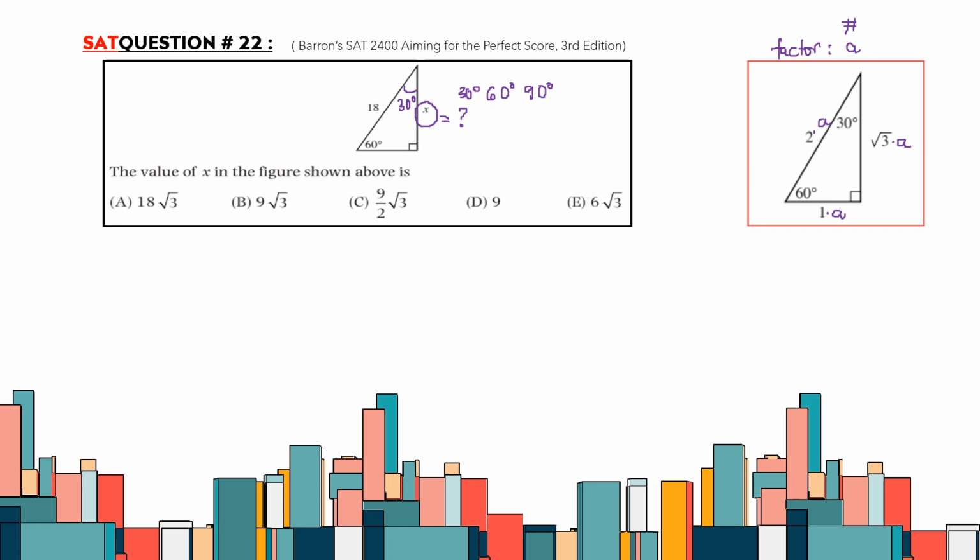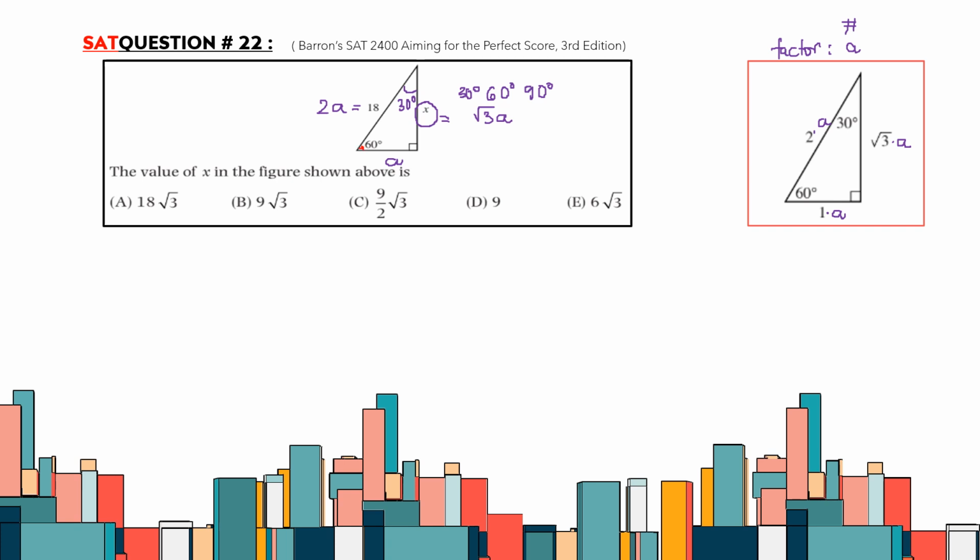To solve this question, let's say here is 18, and we set this up as 2a. This is the side of a. X will be square root of 3 times a. How do we know that?